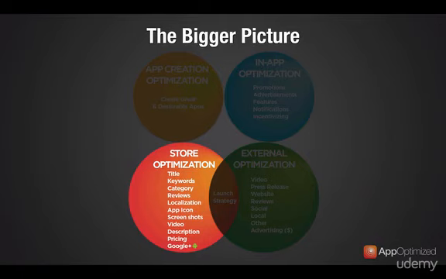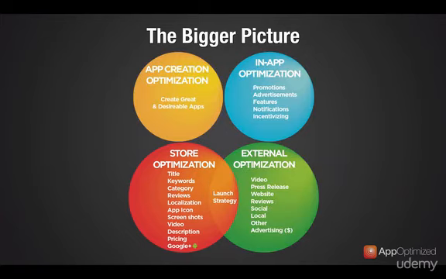I've listed most of them out here, all the important ones anyways: the title, the keywords, category, reviews, localization, the app icon, screenshots, video, description, pricing, and on the Android side, you can see the little Android logo, Google Plus has a big influence on your ranking in the Google Play Store.